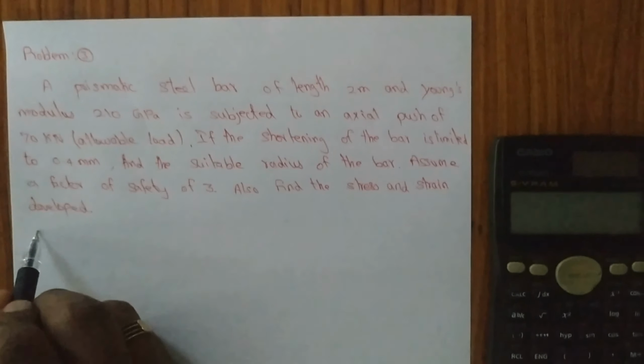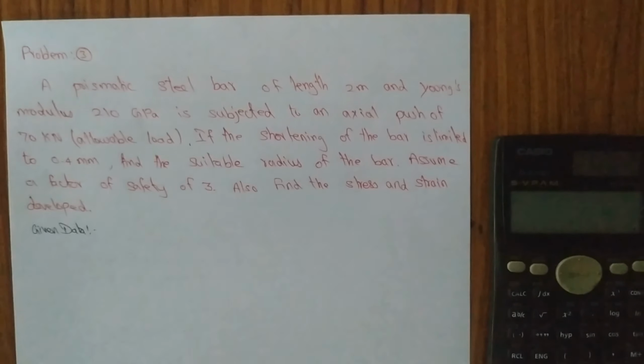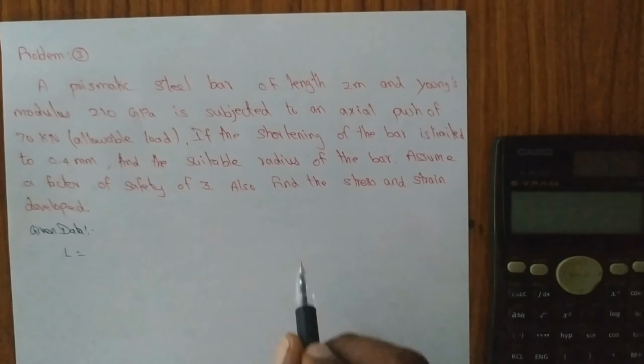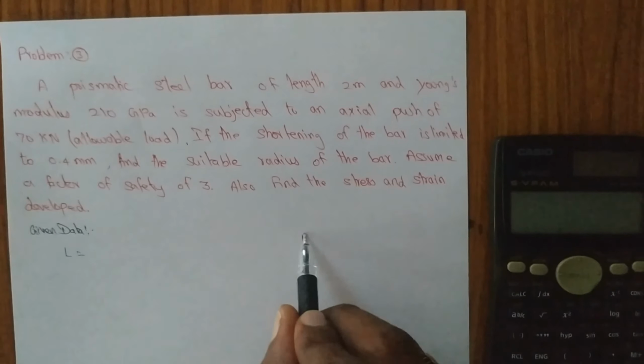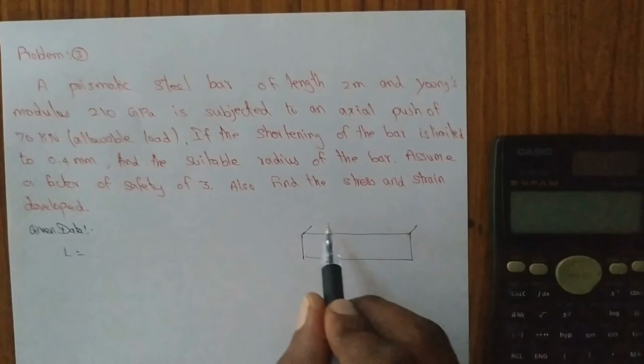So the given data are: the length of the prismatic bar. Let us take this is a prismatic bar, with a uniform cross section.